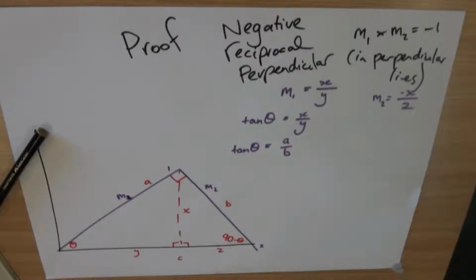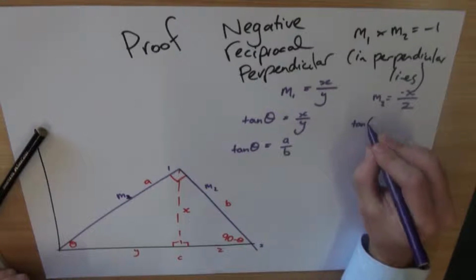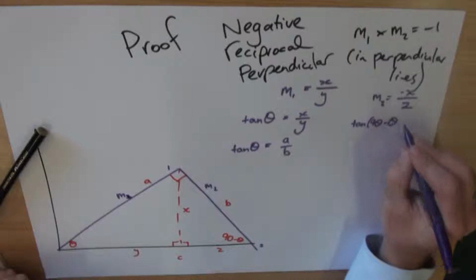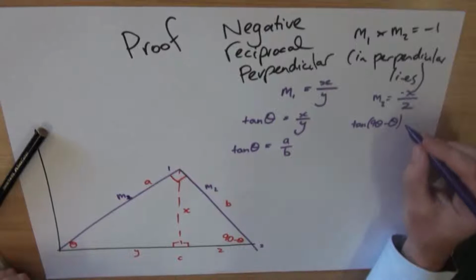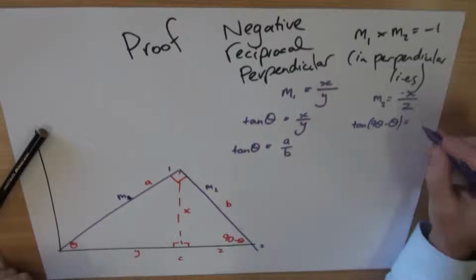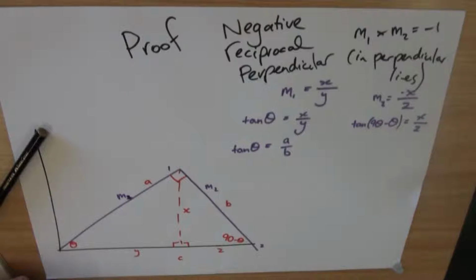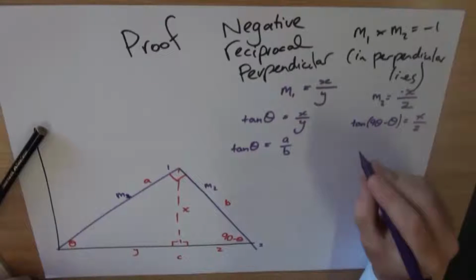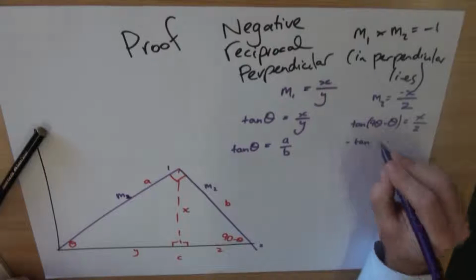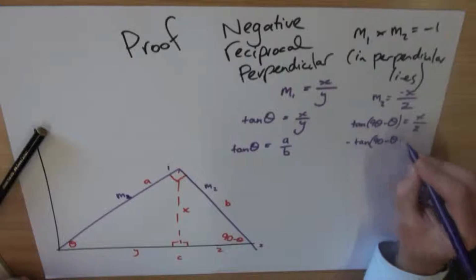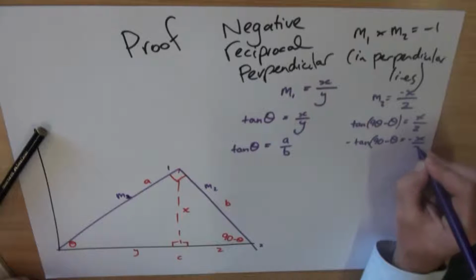Now tan of 90 minus theta is going to be x on z, if that makes sense. Okay, so that means that minus tan of 90 minus theta equals minus x on z.